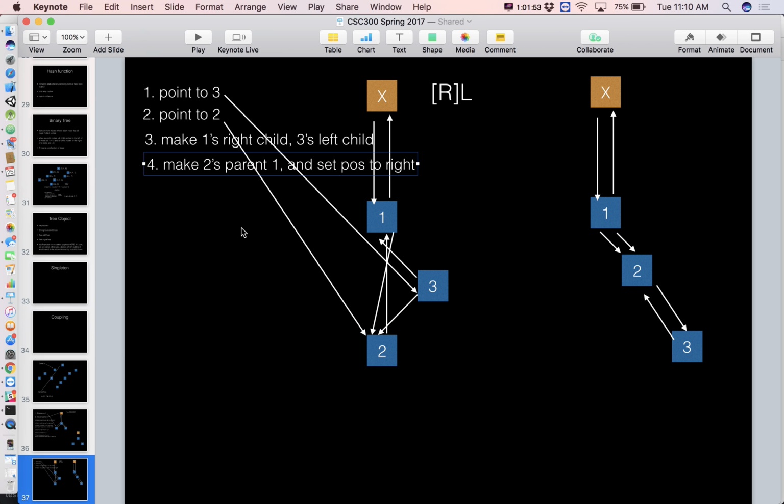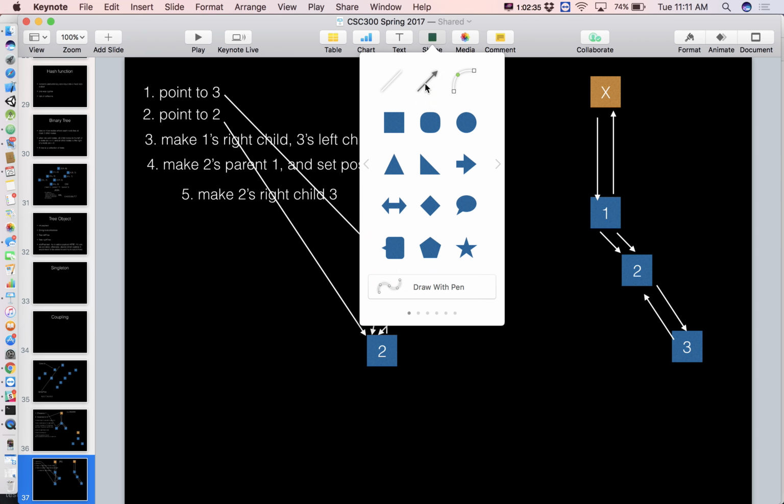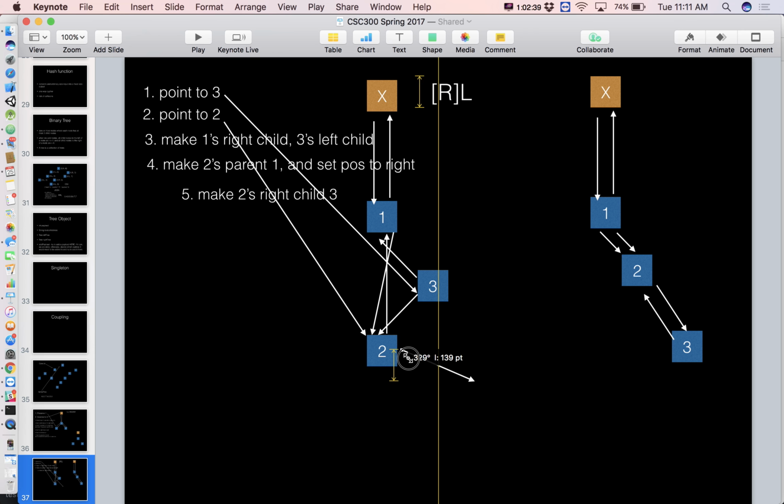Okay. Now what? Okay, so set 2's right child to be 3. Make 2's right child 3. Okay.